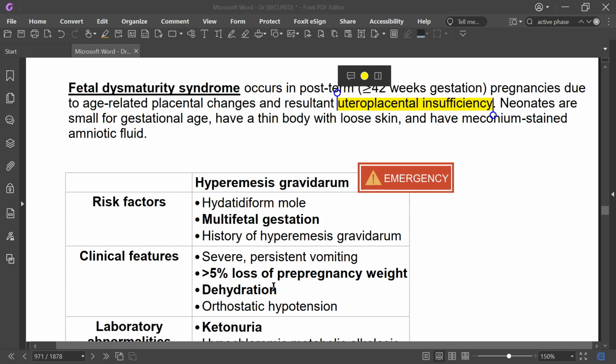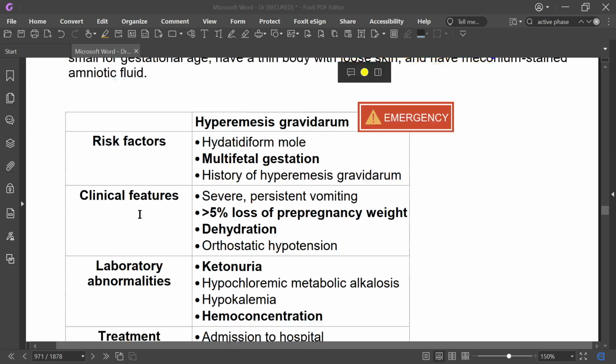Now, hyperemesis gravidarum. In hyperemesis gravidarum, the risk factors are multiple gestation, molar pregnancy, and history of hyperemesis gravidarum.